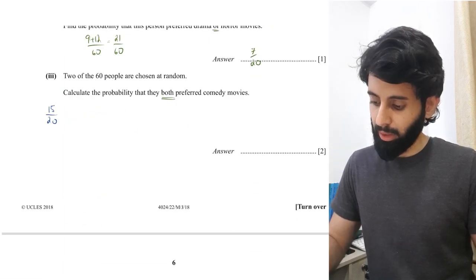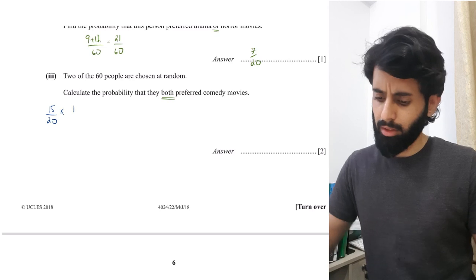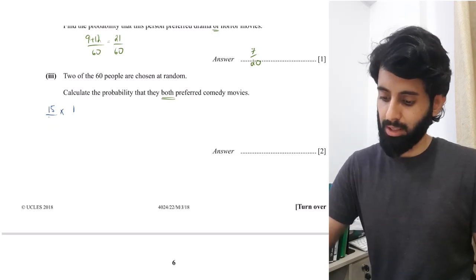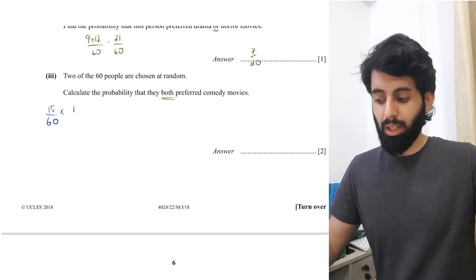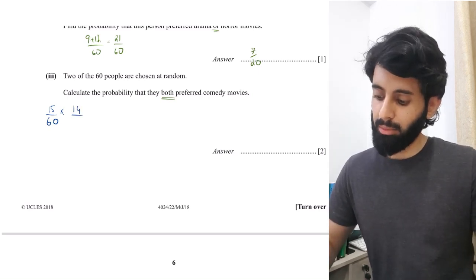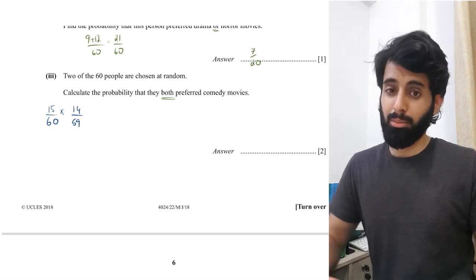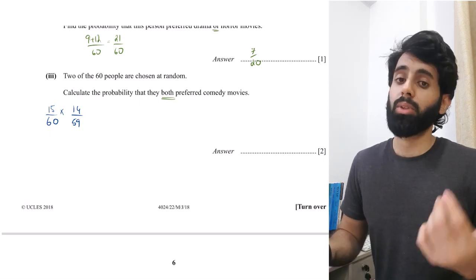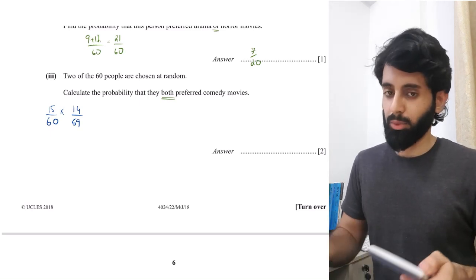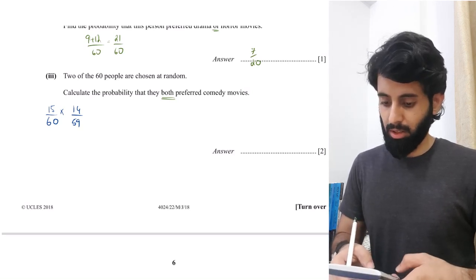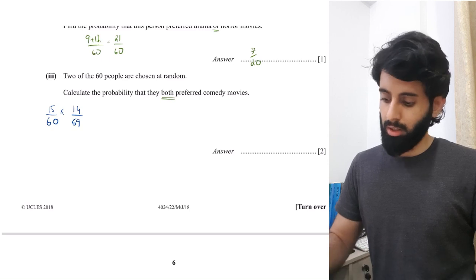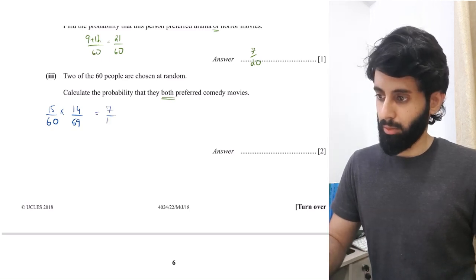So 15 over 60 will be the probability when you're selecting a person for the first time who likes comedy, and then for the second time it's going to be 14 over 59. Why? Because you select 2 people without replacement, which is why 15 decreases by 1 and 60 also decreases by 1. So 15 divided by 60 times 14 divided by 59, and what you get is 7 over 118.